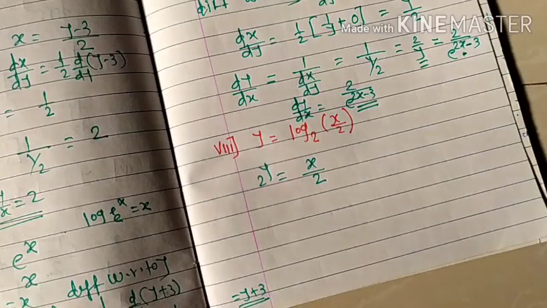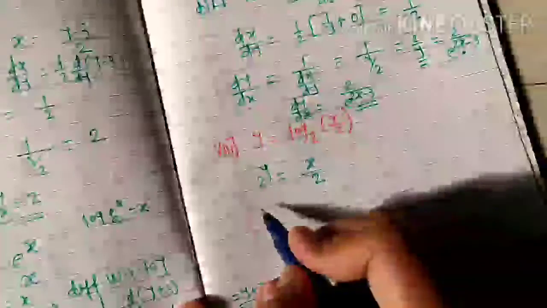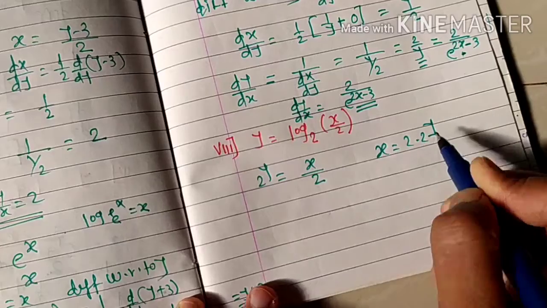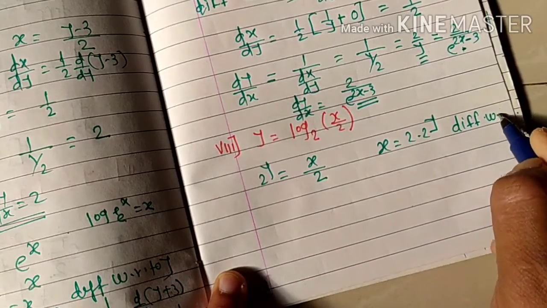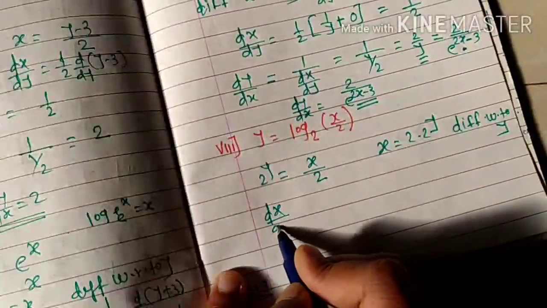Okay, 2 raised to y is equal to x by 2. Then from that, in order to find x, transfer this 2 again, means x is equal to 2 into 2 raised to y. Then differentiate with respect to y.